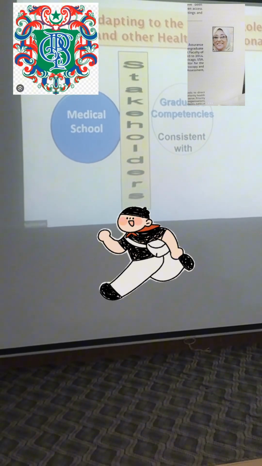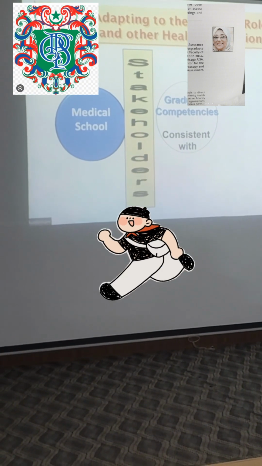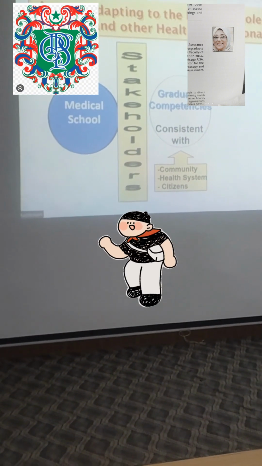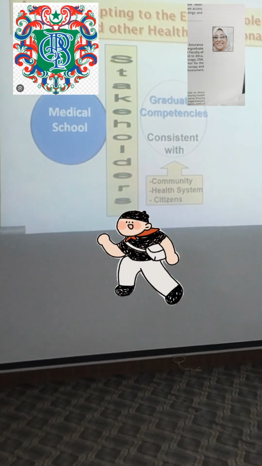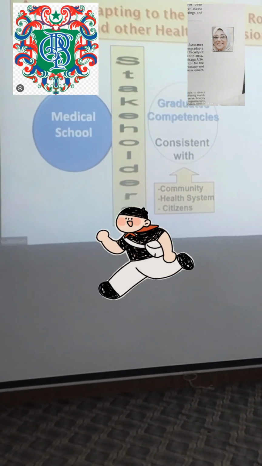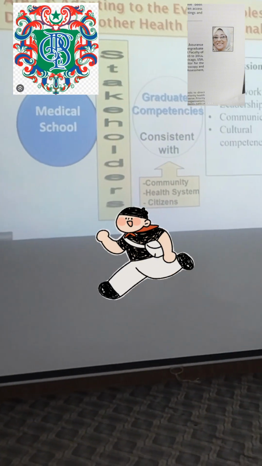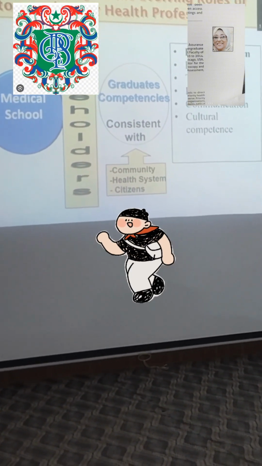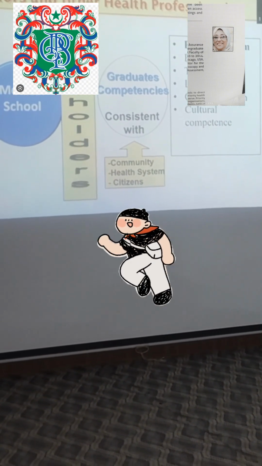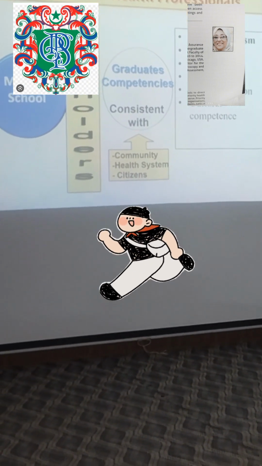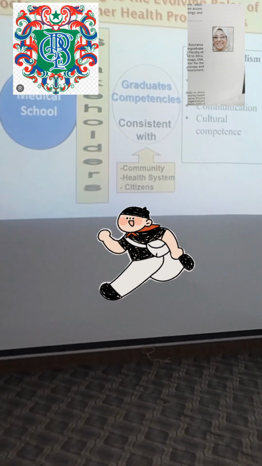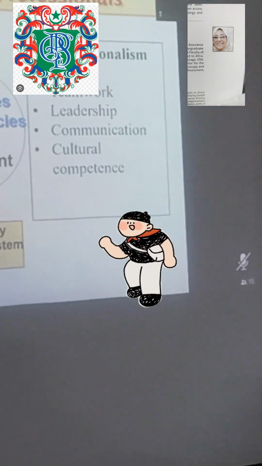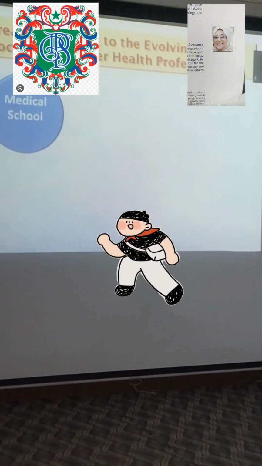And these graduate competencies should be consistent with the evolving community, the health system they work in, and the citizens' expectations. Of course, the graduate competencies, as all speakers said before, should include most important things like professionalism, ethics, teamwork, leadership, communication, cultural competence, and so on. This is very important to be defined.